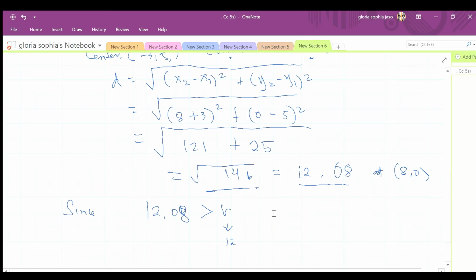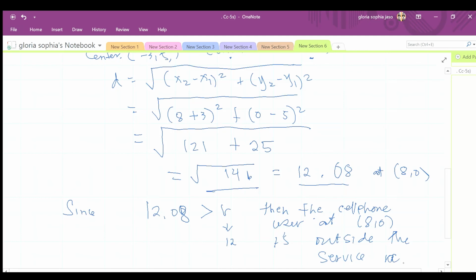Since it is greater than our radius, it means it is outside. Then the cell phone user at (8, 0) is outside the service range already.